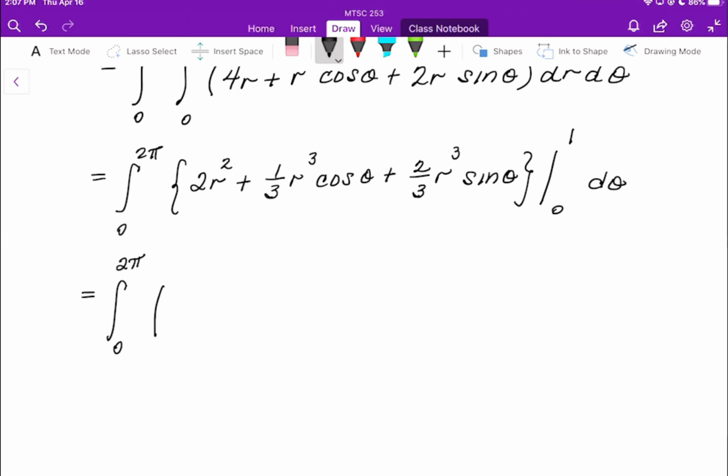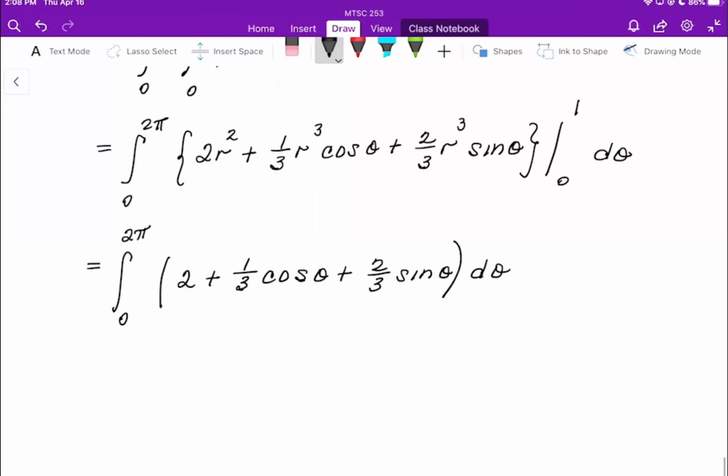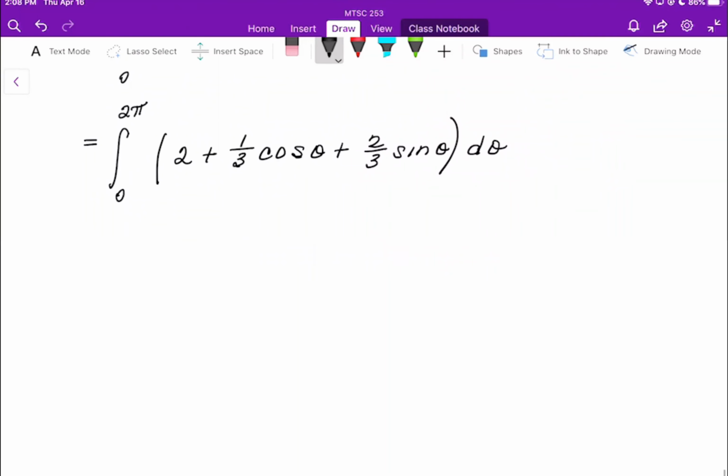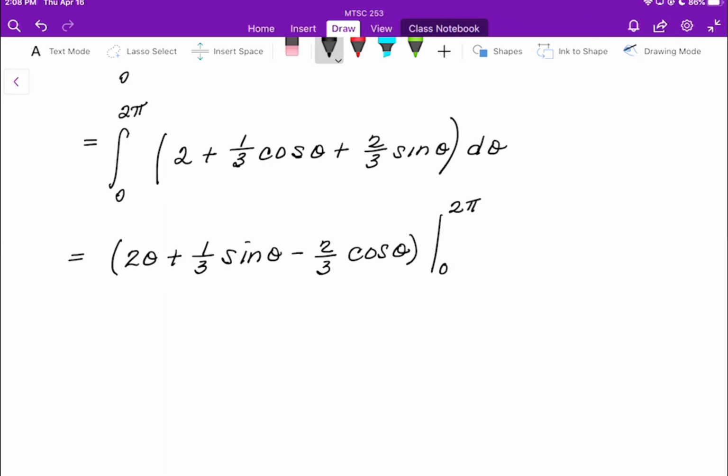Okay, so now I'm just going to get the integral of 2 plus 1/3 cosine theta plus 2/3 sine theta d theta. So now I'm going to get 2 theta plus 1/3 sine theta minus 2/3 cosine theta, evaluated between 0 and 2 pi.